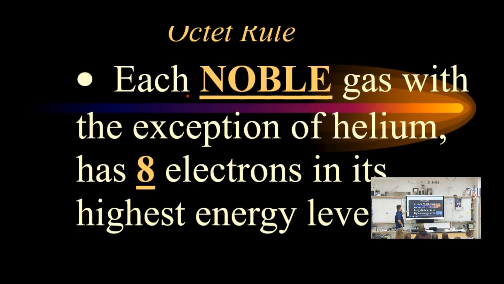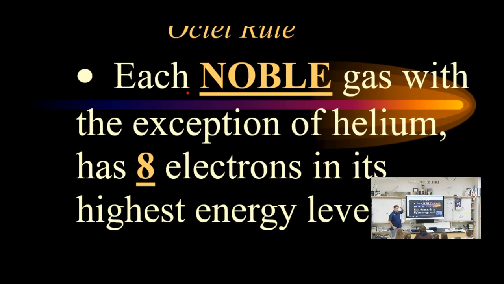And look, everything you're going to see in the next couple of slides we already just said, but whatever. Each noble gas, with the exception of helium, has 8 electrons in its highest energy level. Now, look right here. What's the 2-word term we use to describe electrons in its highest energy level?